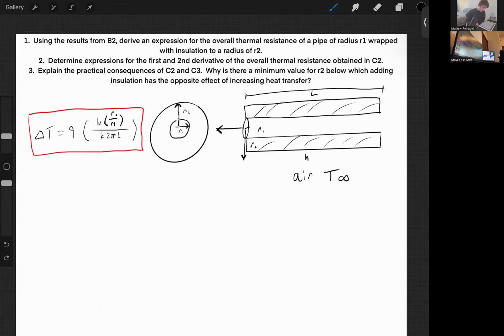First off, we need to extract the heat convection equation. So I'm going to say that Q equals our heat convection coefficient times area multiplied by our change of temperature.